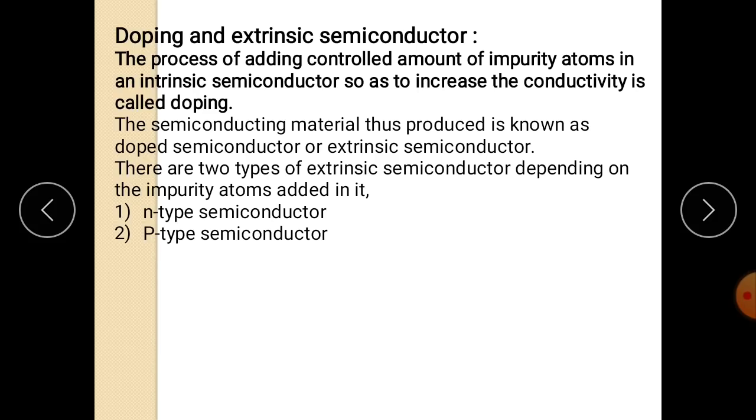So an extrinsic semiconductor is the resultant product of the intrinsic semiconducting material after doping.